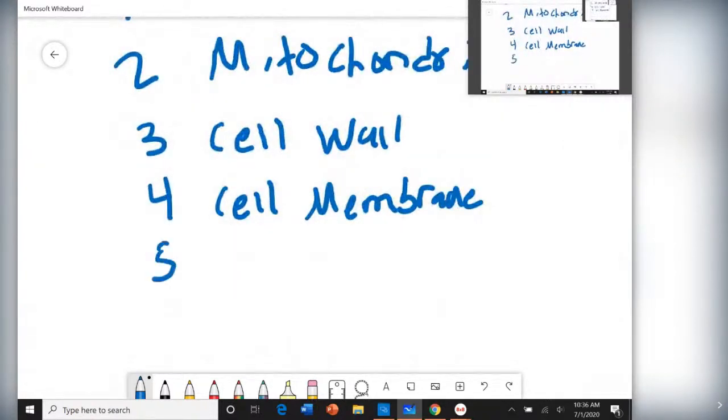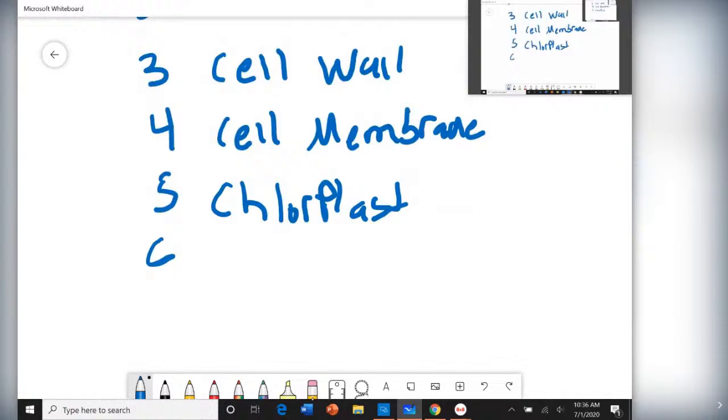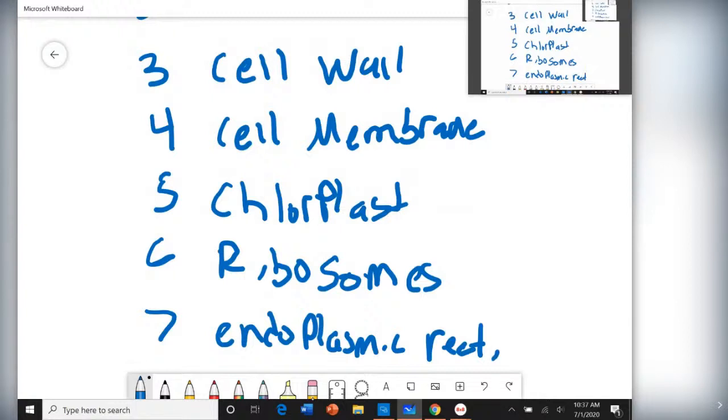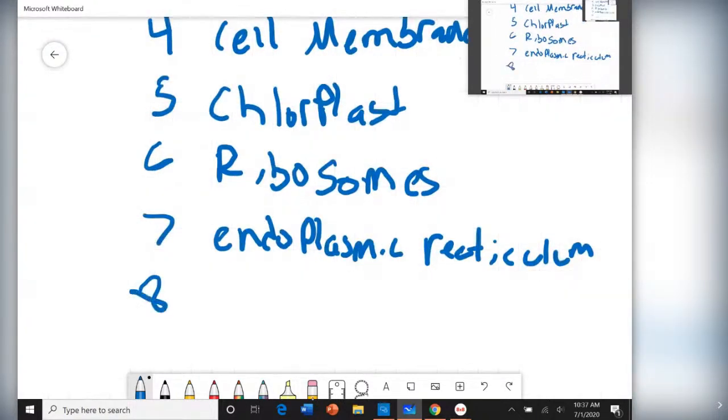Okay, number 5 would be the chloroplast. 6 would be the ribosome. 7 would be the endoplasmic reticulum. 8 would be the cytoplasm.